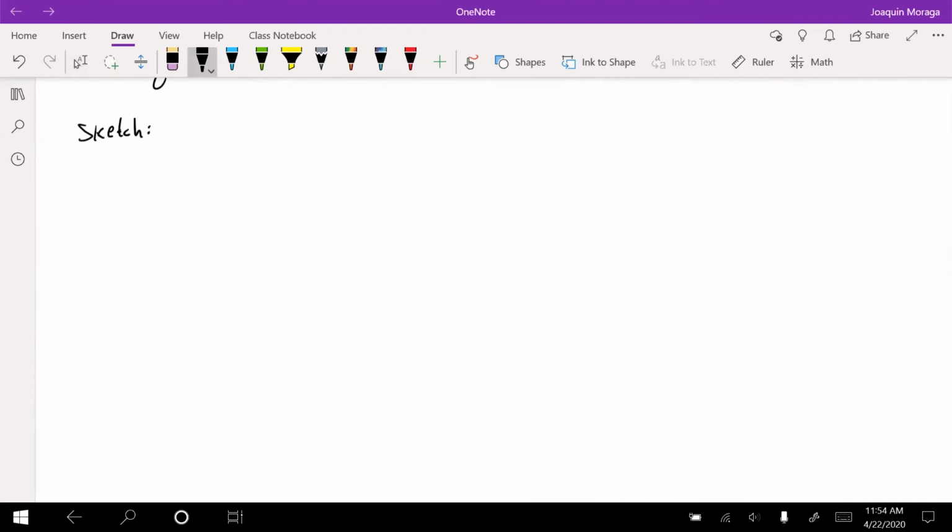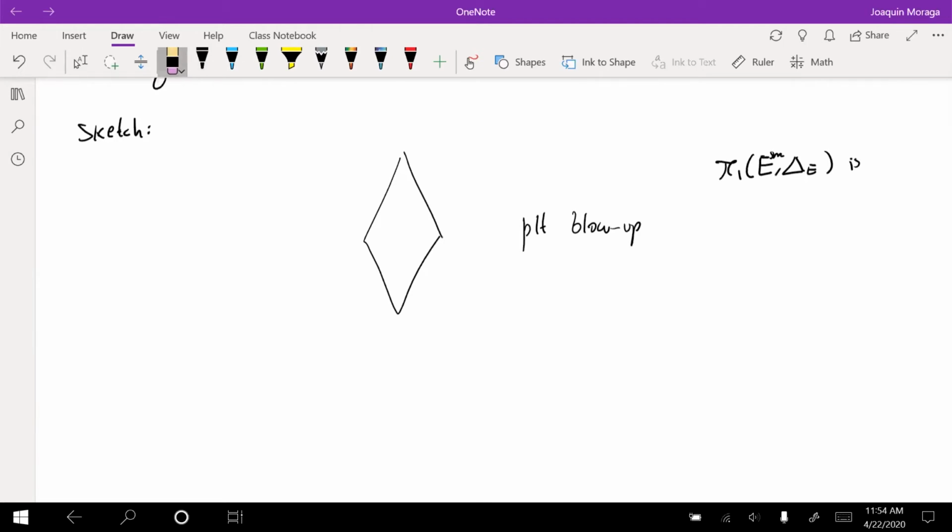We start with this plt blowup, and something that one can see, which essentially comes from the theorem of Braun and Filipazzi, is that the pi_1 of E restricted to the smooth locus satisfies the Jordan property. Essentially, you just take the universal cover and apply the automorphism group statement on the universal cover. So the first point is to translate everything into fundamental groups.